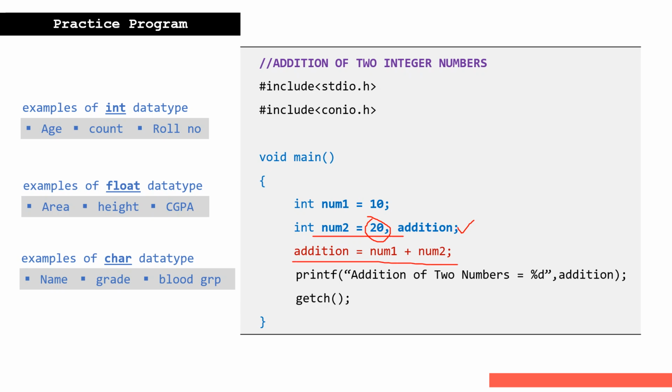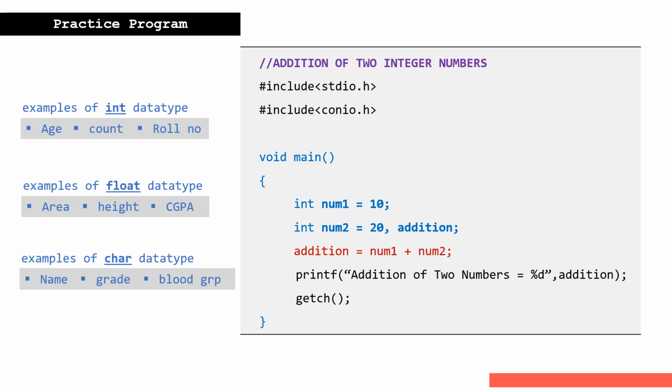So here the addition is being done, num1 plus num2. num1's value is 10, num2's value is 20, so the total comes out to be 30. So 30 will get stored in the addition variable, and now you want to print the value of this addition. So I have used the printf function.